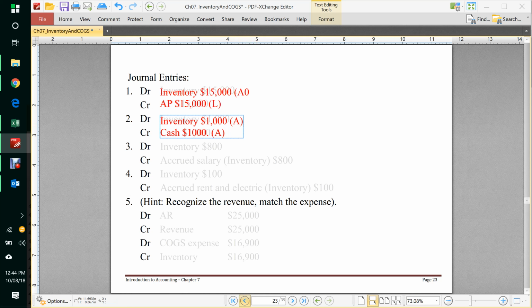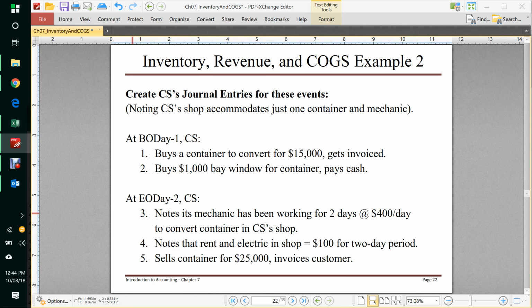All right. Now let's go back and take a look. So at the end of day two, they note that their mechanic has been working for 2 days at $400 a day. Sounds like $800 to me on the container. Okay, so they're noting this because we're going to do financial statements for this 2-day period.